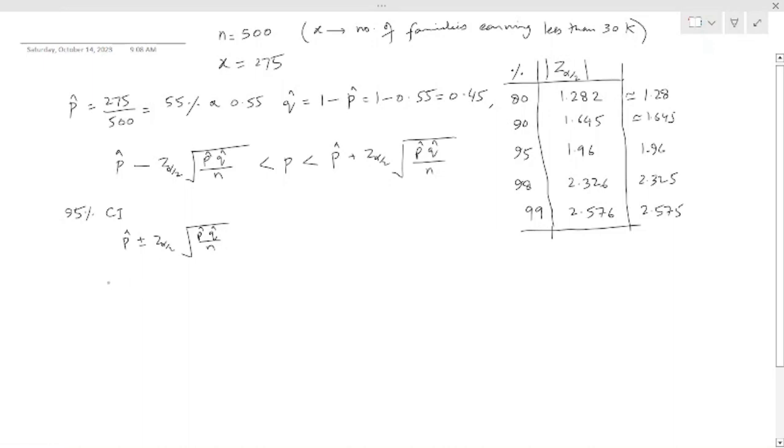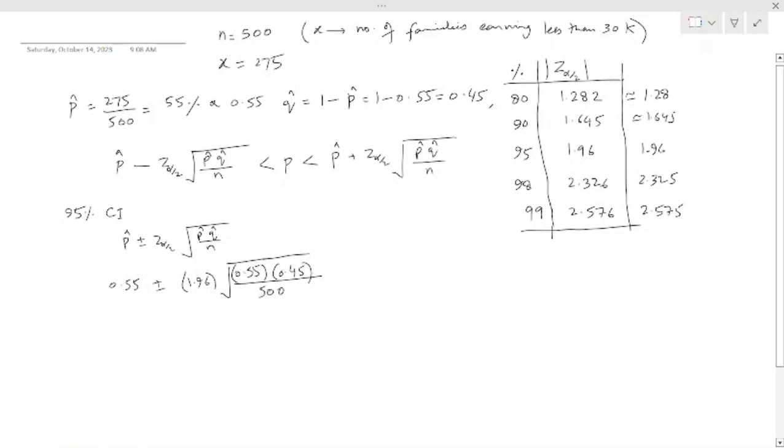Now I substitute the values we have determined already. P cap is 0.55 plus and minus, for 95% CI, 1.96, times the square root of 0.55 in place of p cap and 0.45 in place of q cap, divided by 500, the sample size.